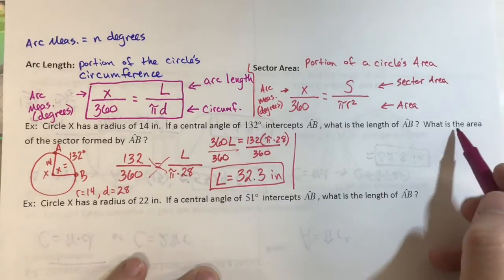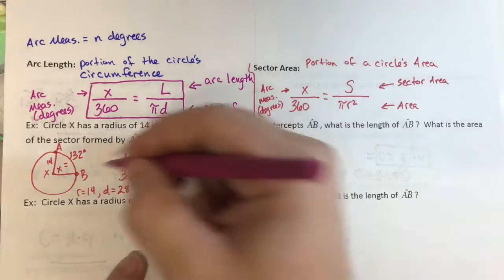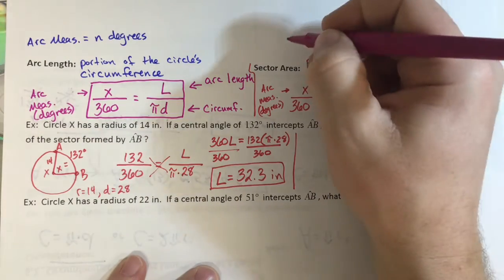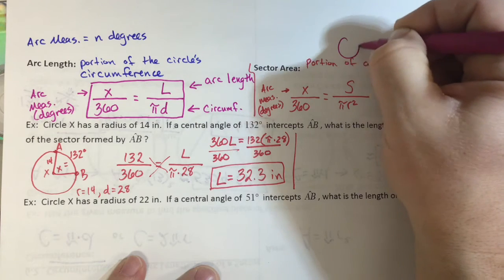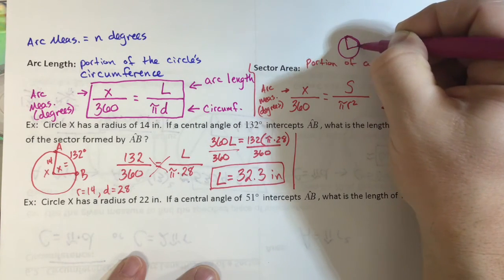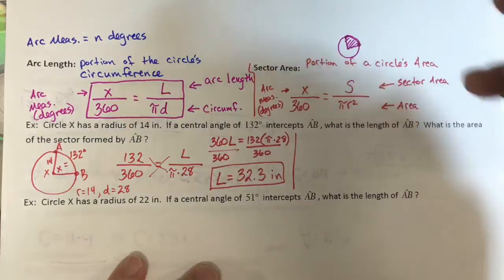So to finish this problem up, we're going to go back and solve for the area of our sector. The sector, and I should have explained this before, is a portion of the circle's area. You still have your arc, but then these sides formed by that central angle, that shaded region, if I were to fill that all in, represents a sector of a circle.